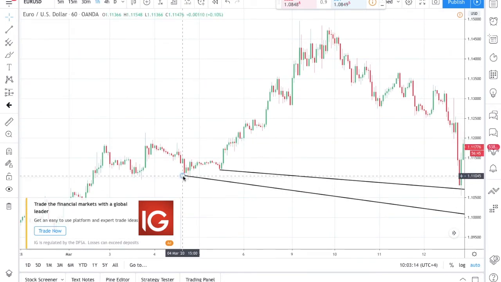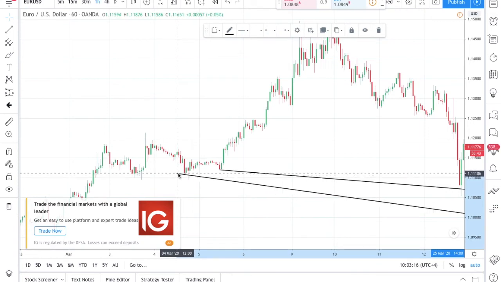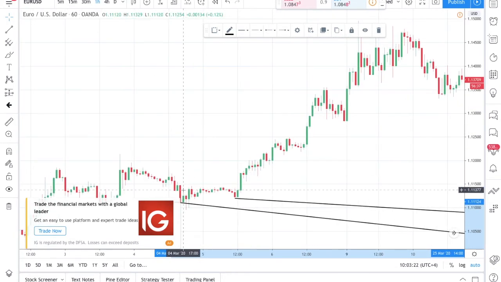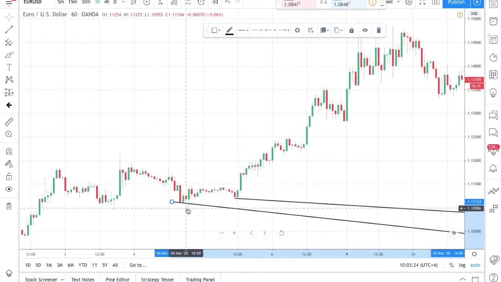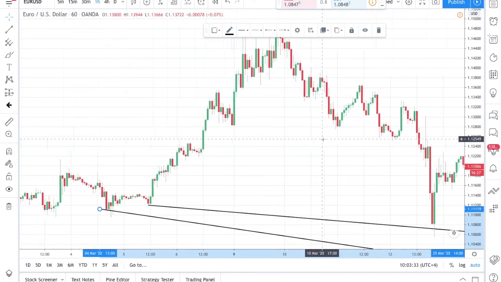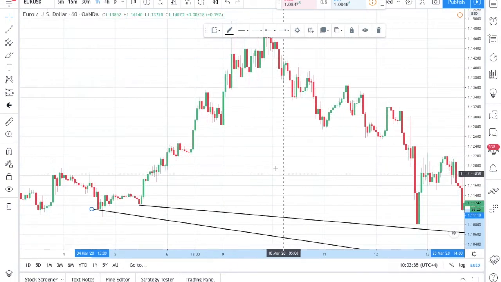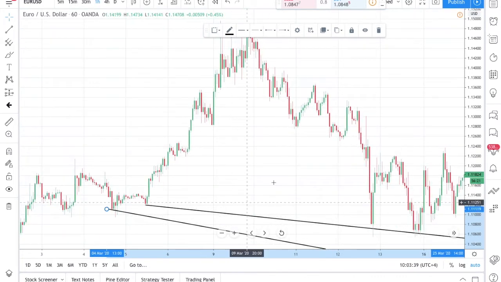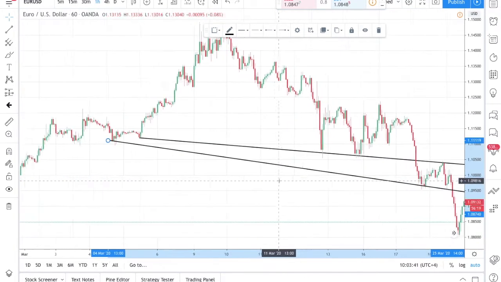You have to put the trend line exactly where the candle ends, and forget about the tails. You just have to go exactly where it finished. So this is the same one. It just went up, and we're waiting for the market to break our support trend line.